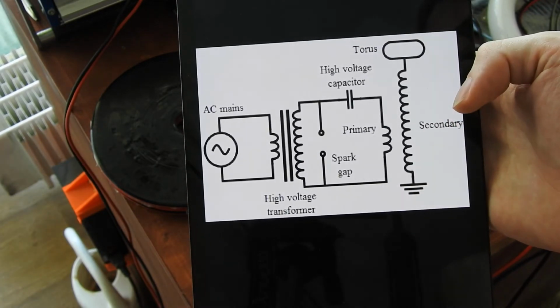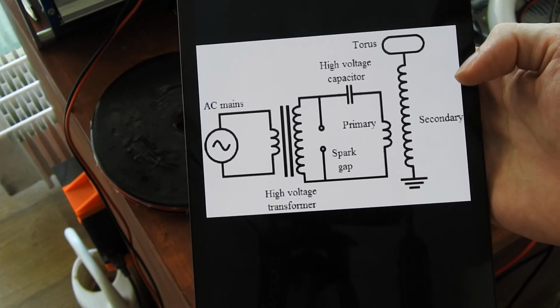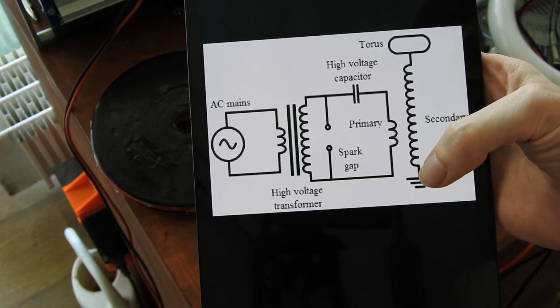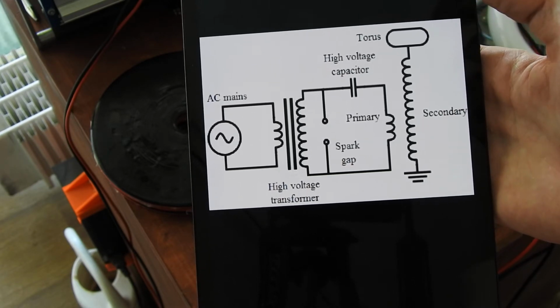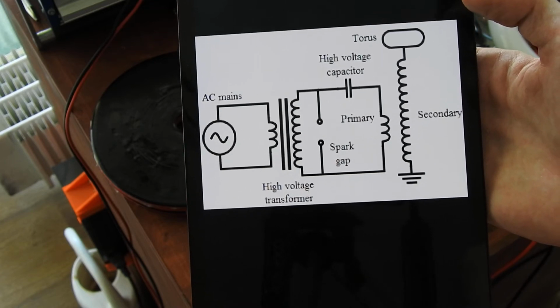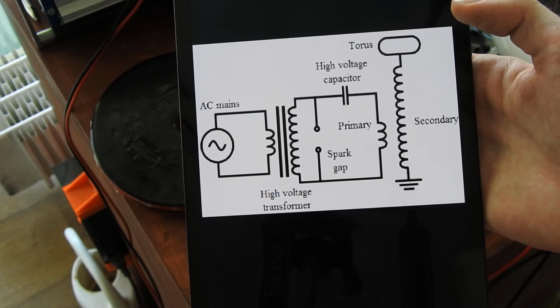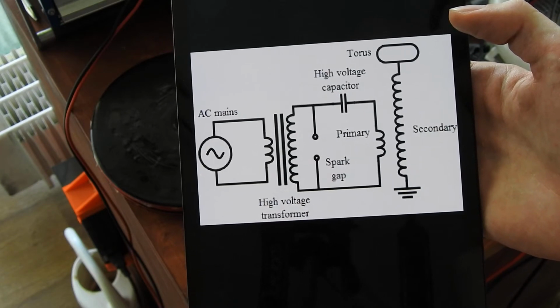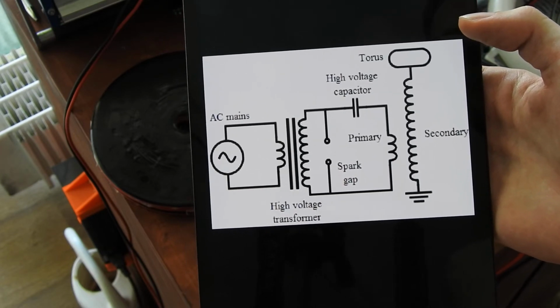And here I have a schematic of a classic Tesla coil, a spark gap Tesla coil. And here the term radiant energy is used a lot, but it's also just dielectricity or electrostatics. It's all the same thing, just different names for it.